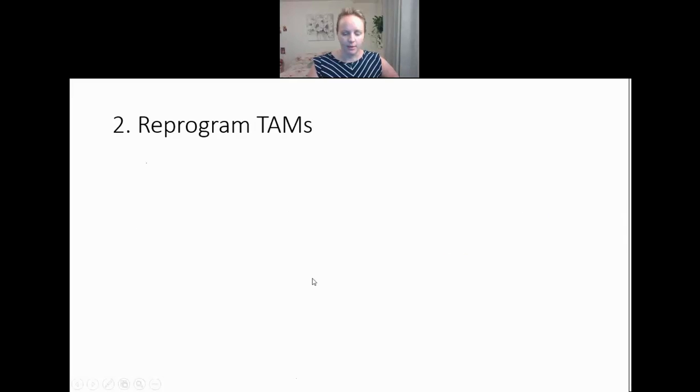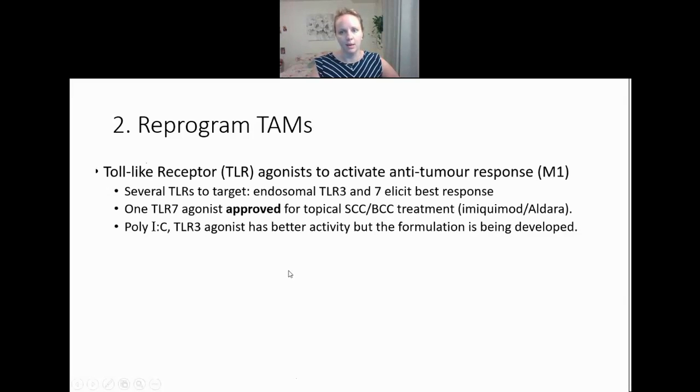The other mechanism is to reprogram the TAMs and switch their phenotype back towards an anti-tumor M1 phenotype. Toll-like receptor agonists are trialed, and one is approved, to try and activate the inflammatory, foreign particle, antibacterial response to target tumors.